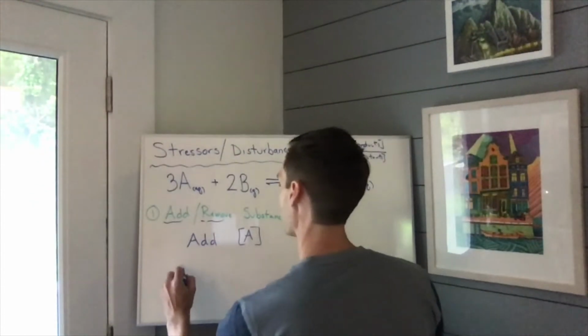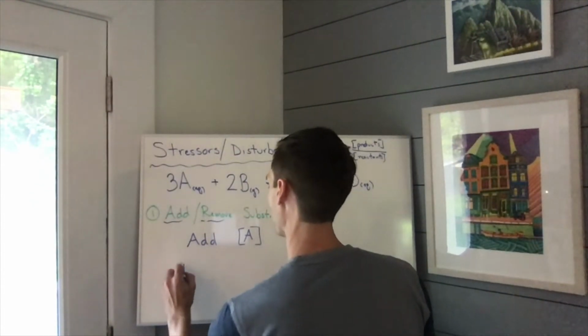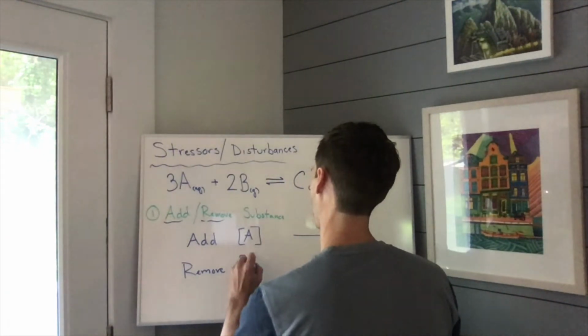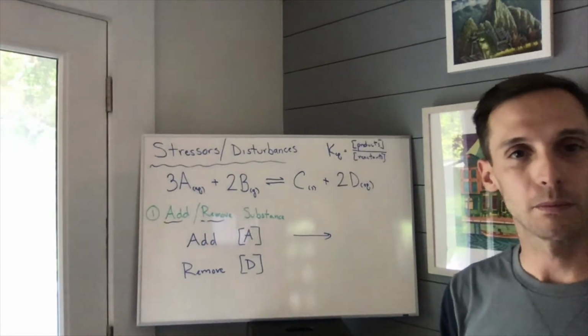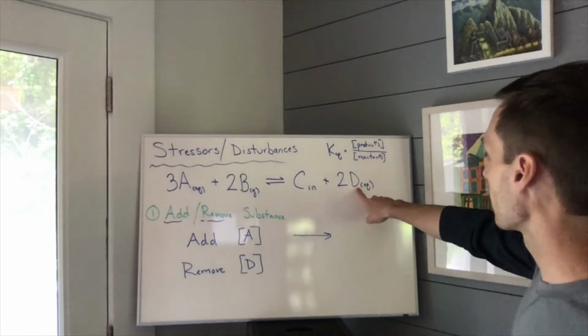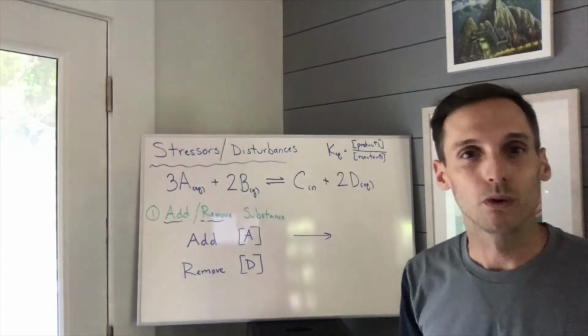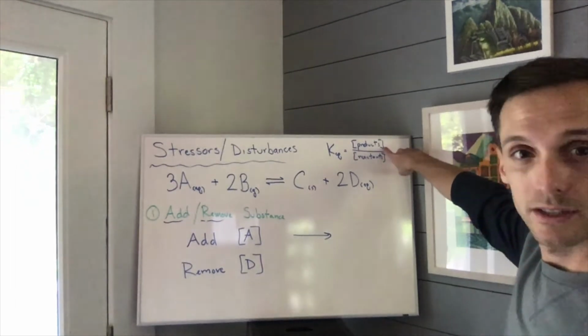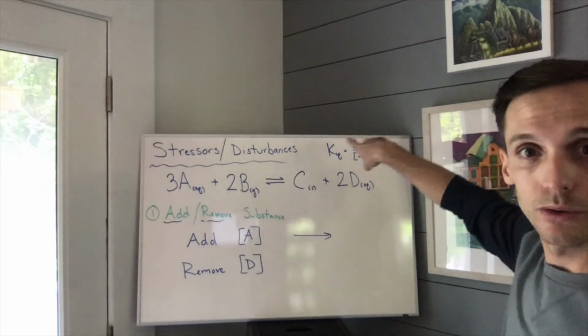What if, let's say, we remove some of the product D? Let's say we remove some of this aqueous product. Well, now we have removed a product. Our numerator in our KEQ is lower.